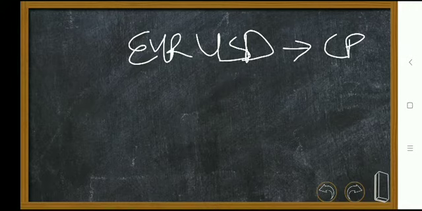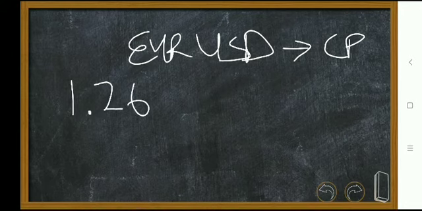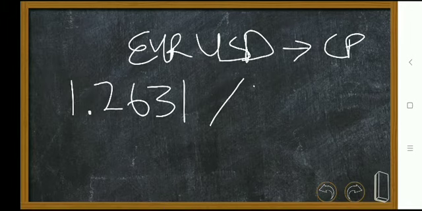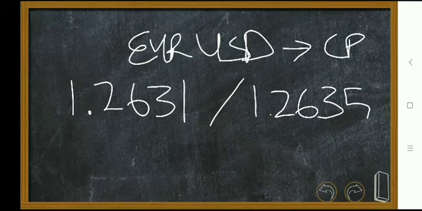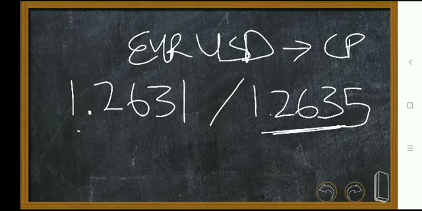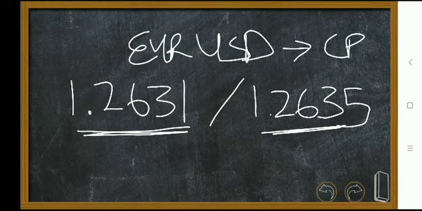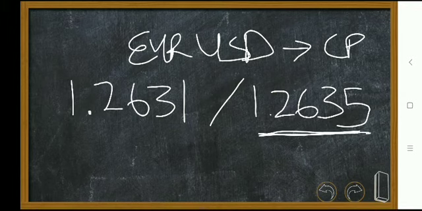So we will have something like this. Let me just use random numbers. Then something like this. This is the buying price. This is the selling price. This is the price you get when you buy.